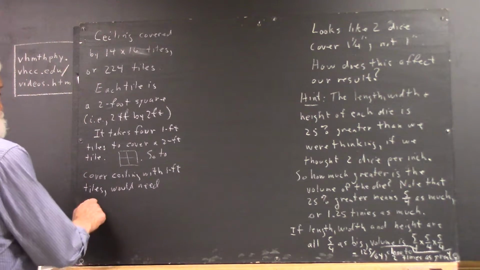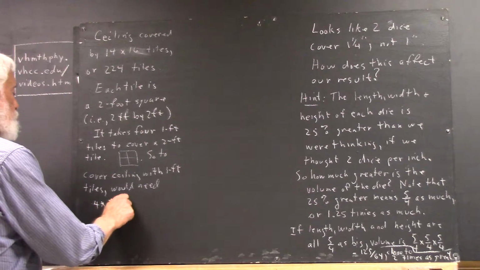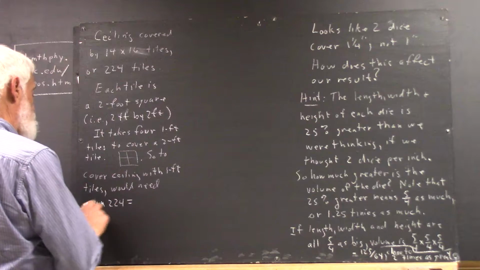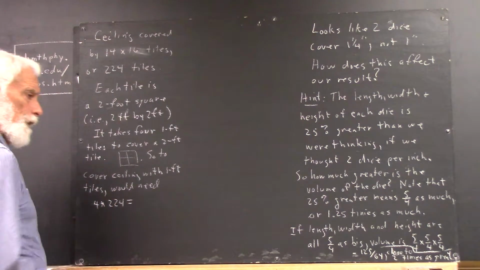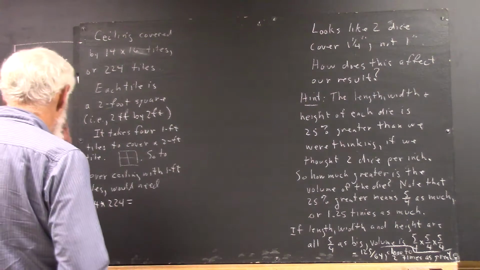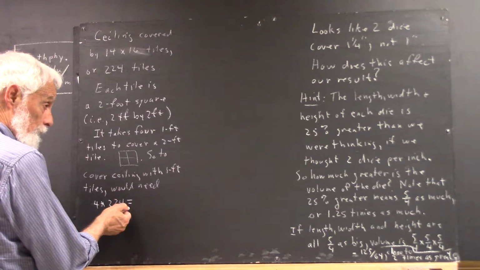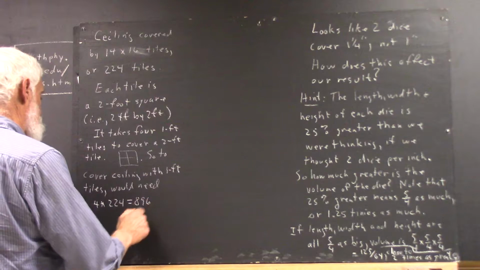Okay? Well, it would be 4 times 224 equals, what's that? 4 times 200 is 800, 4 times 25 is 100, so 4 times 225 would be 900. 4 times 224, being 1 less than 225, would be 4 less than 900, or 896.